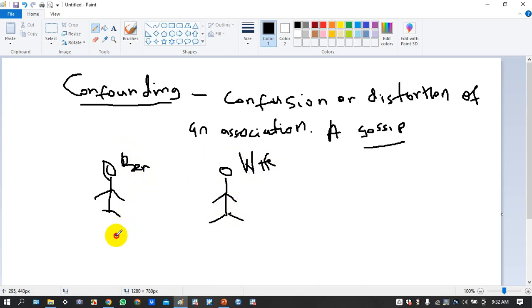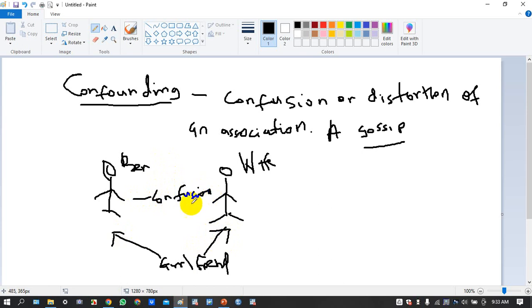So a confounder will be what? Girlfriend. So the girlfriend has an association with me and my wife. The girlfriend will bring confusion between myself and my wife.